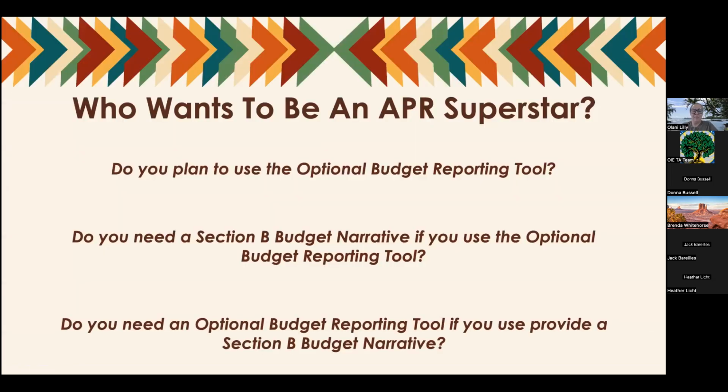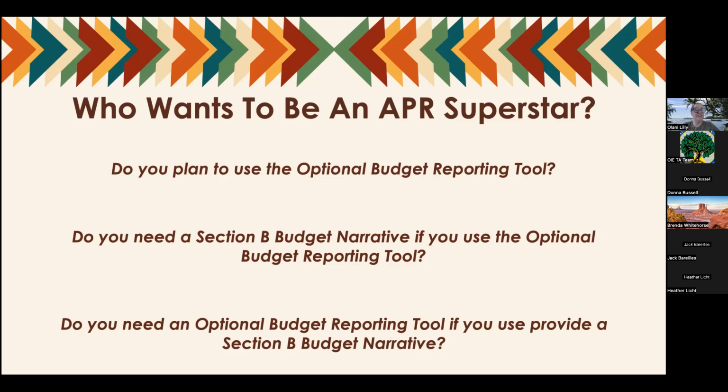So here we are up to our budget APR Superstar questions. Why don't you go ahead, that poll should be popping up. Again, we're asking questions about whether or not you are going to be utilizing this optional reporting tool. Remember, if you're not, you still need to provide the same information in the format that you're going to be utilizing.